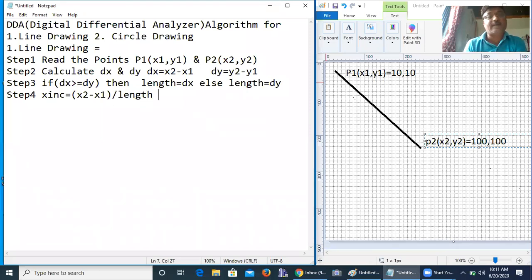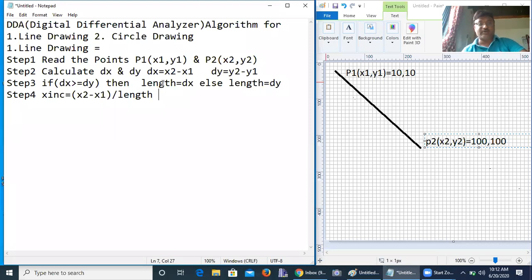Everybody understood? What is my first step? Read the points x1, y1, x2, y2, then calculate dx, dy. dx is the difference x2 minus x1 and dy is y2 minus y1. Step 3, if dx is greater than or equal to dy, then length is equal to dx, else length is equal to dy.